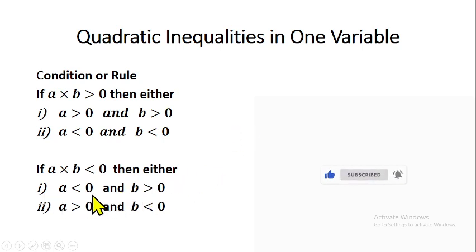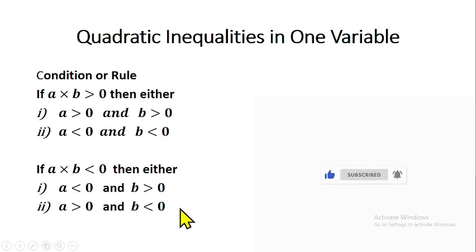Please take note of this condition. It's very important. When you are solving quadratic inequalities and you get two brackets, one of the brackets, I didn't say the first one, will be less than 0, while the other bracket will be greater than 0. Or one of them will be greater than 0, the other one will be less than 0.